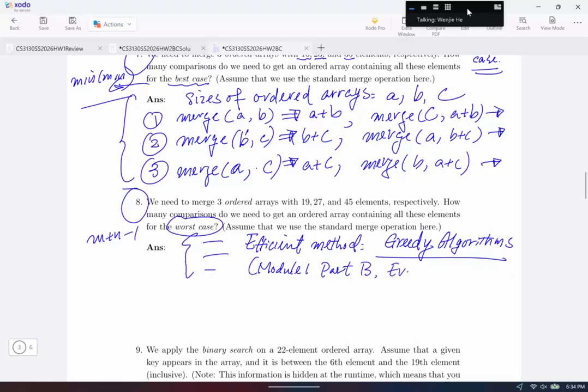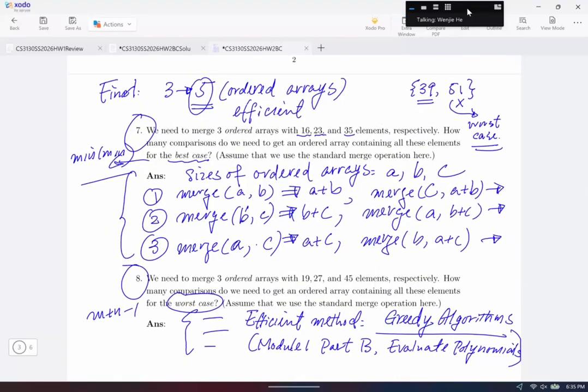Evaluate polynomials, that topic. I talked about the greedy algorithm, the greedy strategy. You can recall a little bit. So here, we need to apply certain greedy strategies. But for these 2 questions, best case and worst case, they have different greedy strategies.